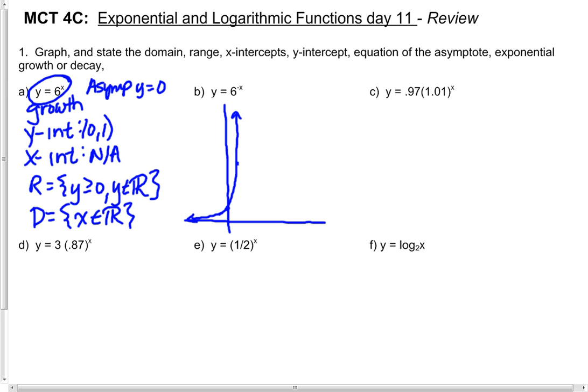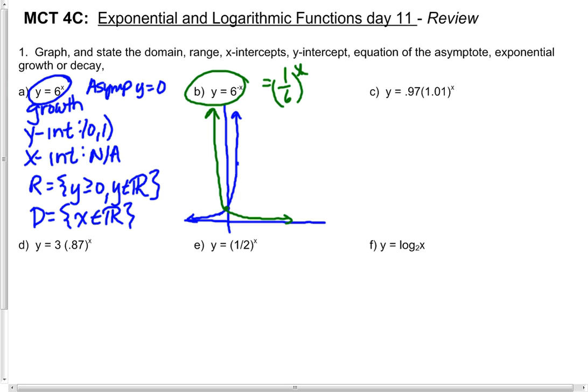What is the difference between that one and number b, which is 6 to the minus x? 6 to the minus x is the same as a flip, so it would be 1/6 to the x. I know that's exponential decay, and that doesn't have any transformation, so it will have a y-intercept of 1, but it's decaying and getting closer to that asymptote going that way, and very steeply just opposite to the other one.